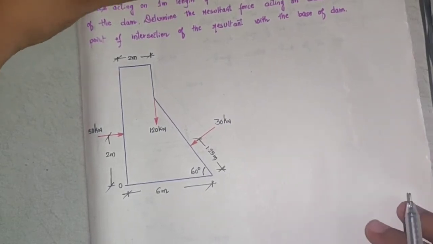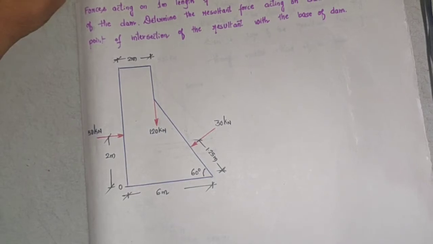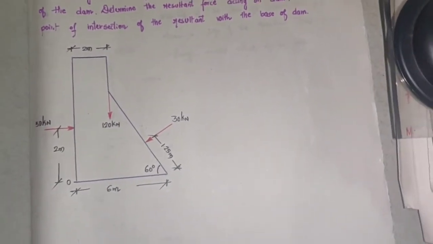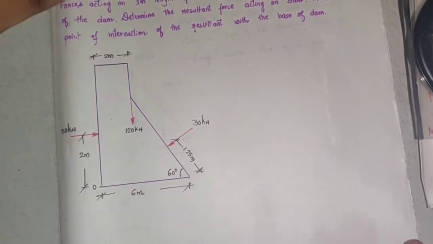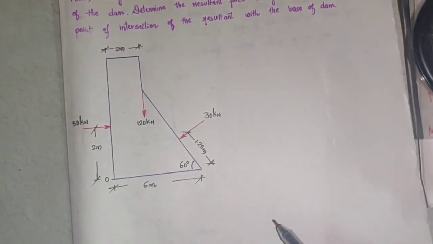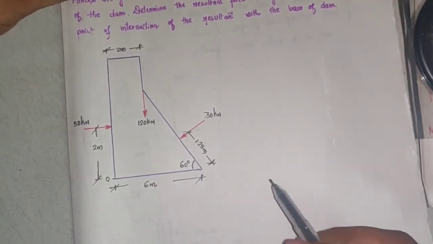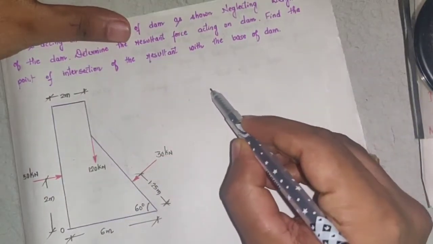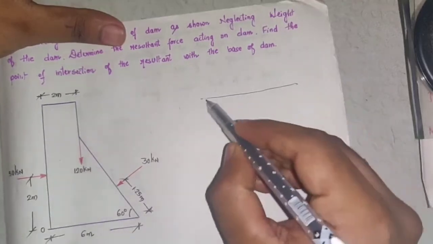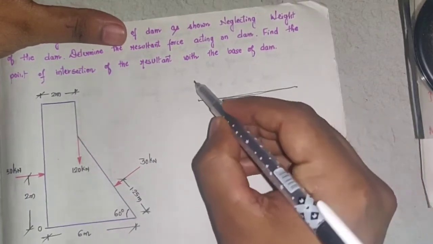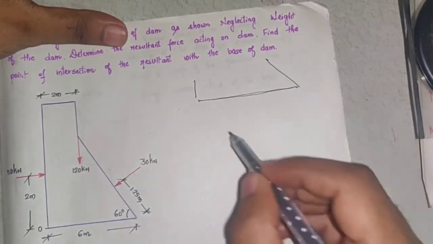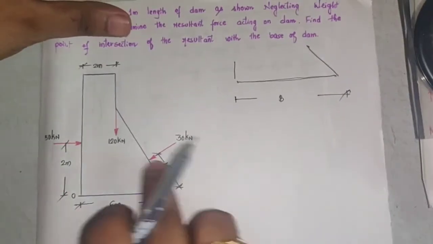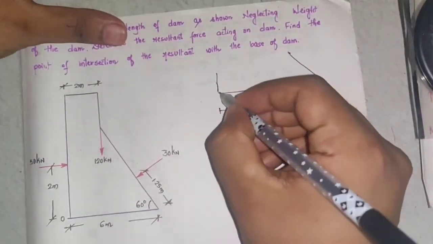we have to ensure that the resultant of the forces acting on the dam should pass through the middle third portion of the base of the dam. Now what is that middle third portion? If I show the base line like this, this is the base portion of the dam, and I call this B. I am drawing this part here, enlarged version.